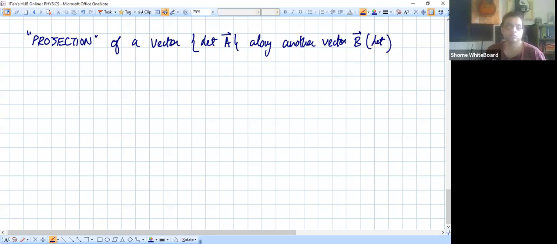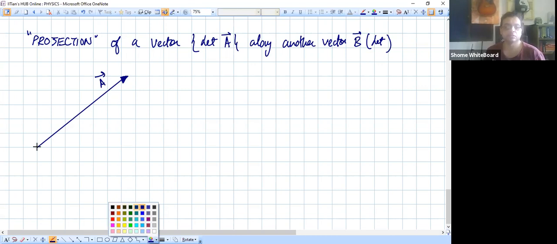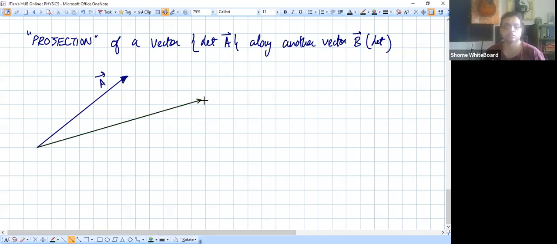So let's understand what this term means. If this is my vector A and this is some other vector B, and the angle between them is theta.